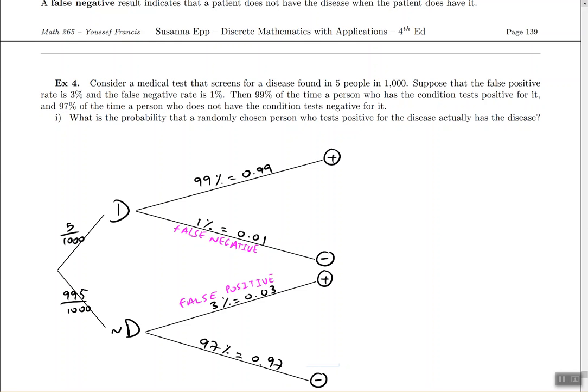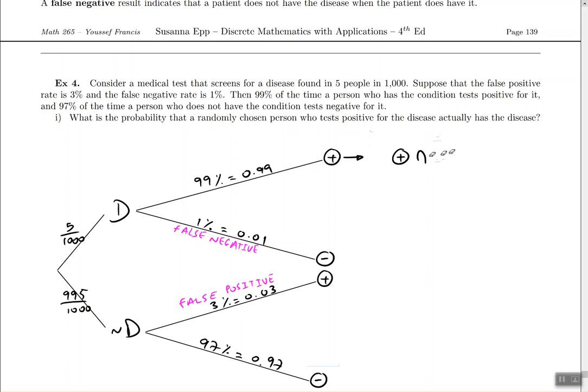I also added some information to the tree to show us which branches were the false positive and which branch was the false negative. So if I carefully read the first branch right here, how can I interpret it? These are the people who tested positive and they have the disease.